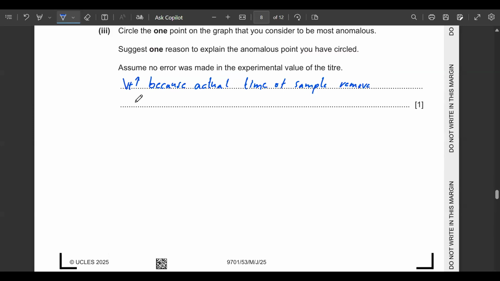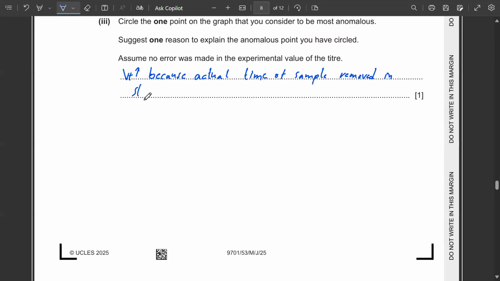And in step 4, it was higher than the recorded time because we did not properly record the time.